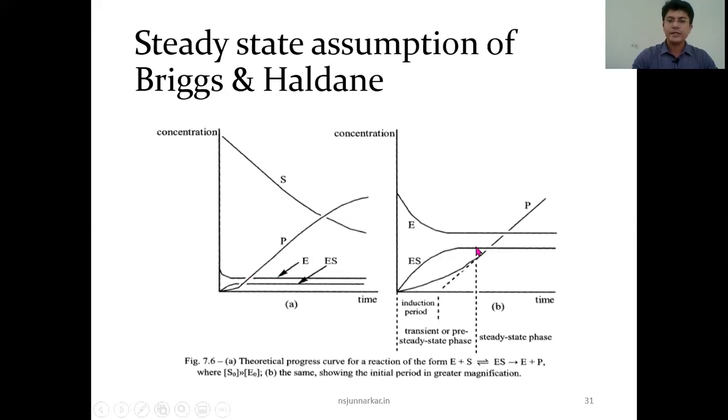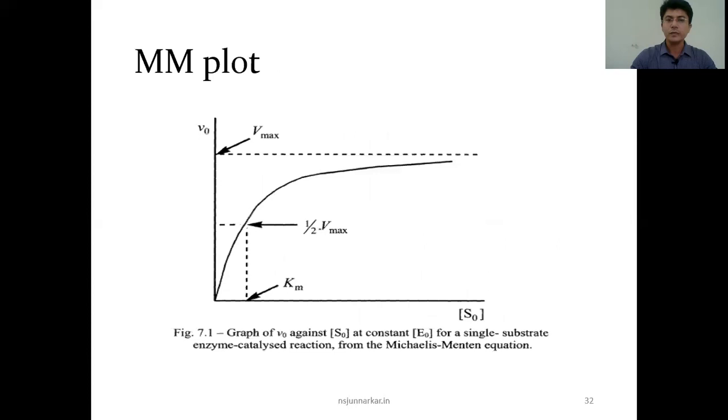So you can see over here during the initial stage of the reaction, there is less product formation, but as the steady state is assumed, the substrate is now getting converted into product. The amount of free enzyme later on remains constant, and will be very negligible once the enzymes are saturated with the substrate, because substrate concentration is very high compared to the enzyme concentration.